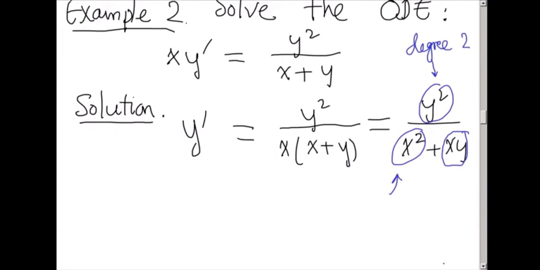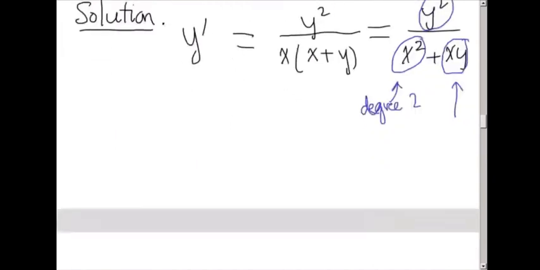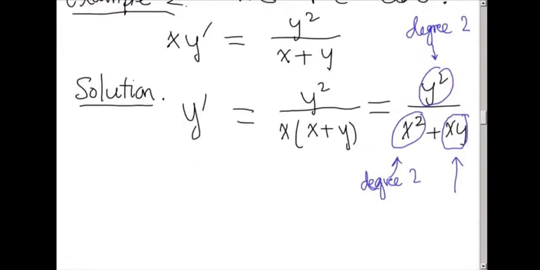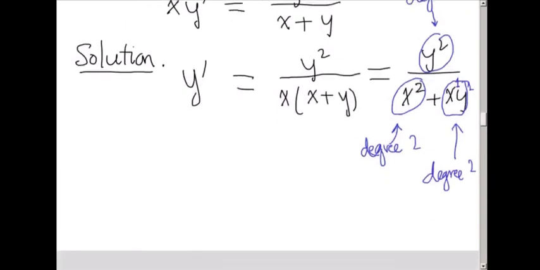The degree of x squared is also 2, and for xy, if I'm looking at the total degree, we have x to the first and y to the first. So the total degree, which is just the sum of the 2 degrees, will be degree 2 as well. So if we have a fraction and every term has the same degree, then we will have a homogeneous equation.